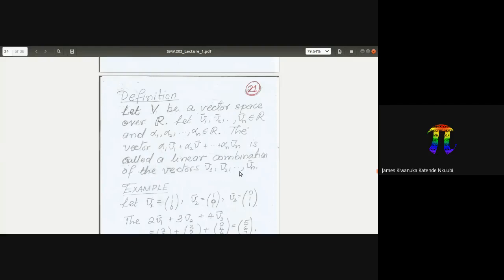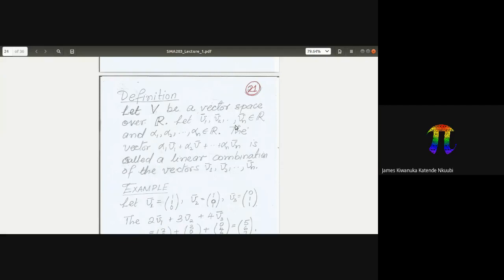So we have n vectors, and they are all, oh, sorry, this should not be R, this should be V. They should be vectors in V. So you replace the R with V, because the symbol for the vector space is represented here by V. So that would be, let V be a vector space over R, and let v1 up to vn be vectors in V. So V is any vector space.